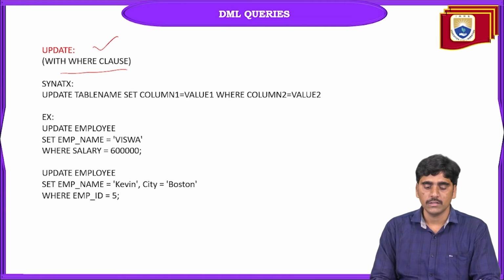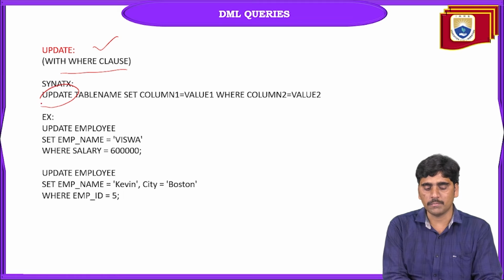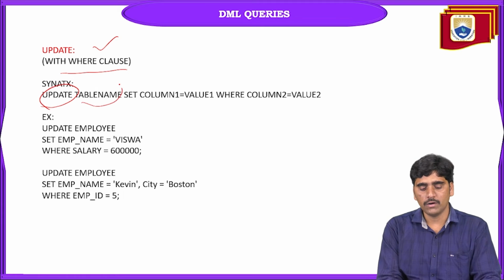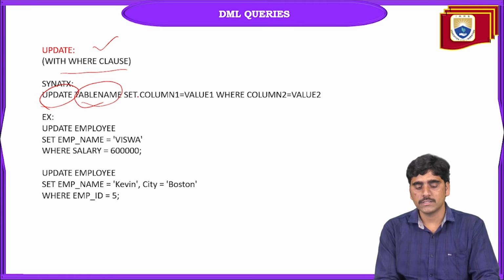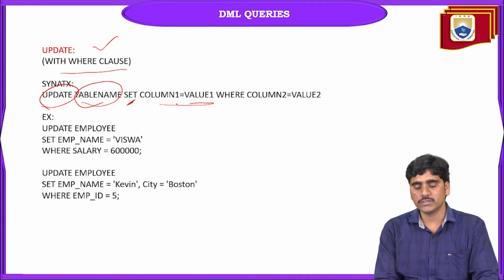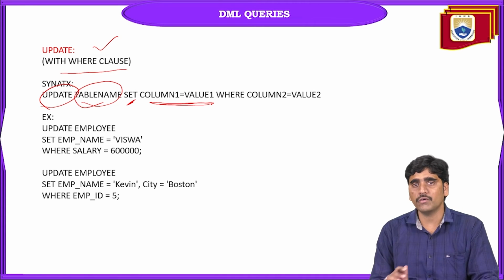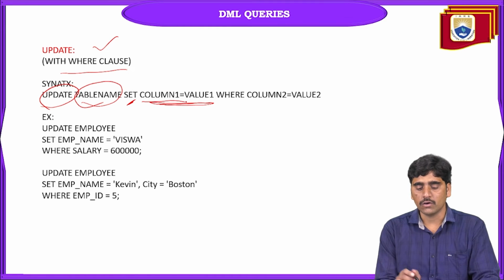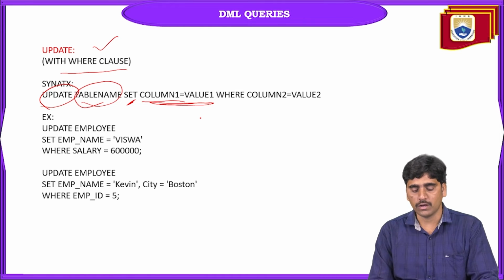So we'll see here. The syntax is: UPDATE table name SET column name equals to value 1. Mention the column you want to update and the value you want to update it to.